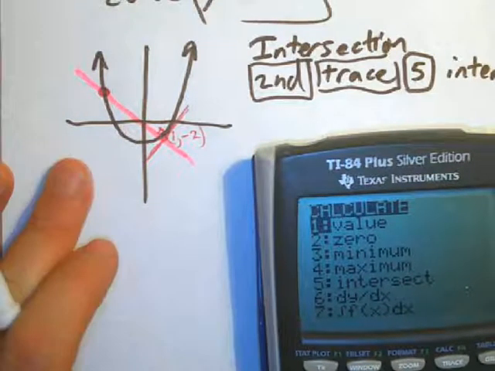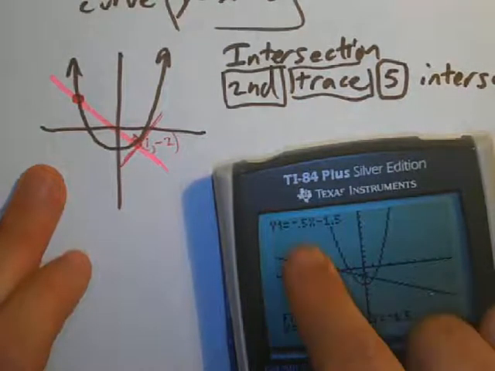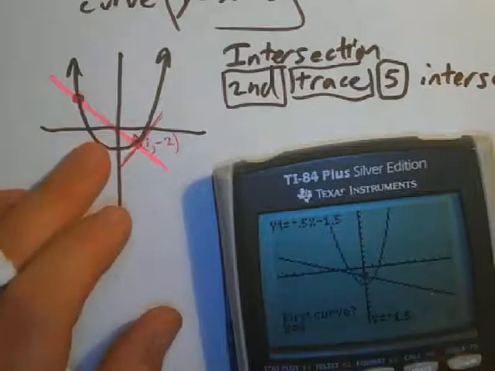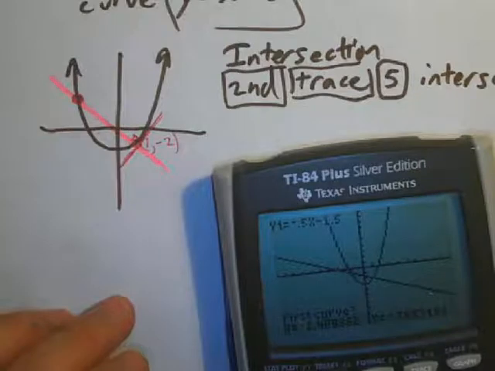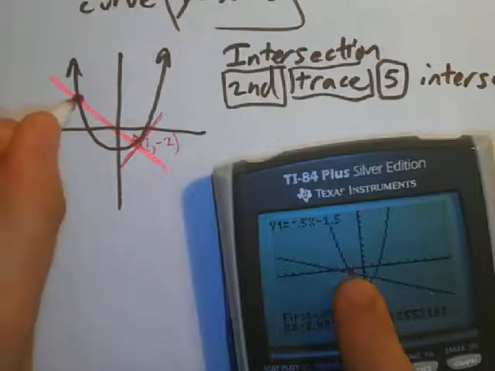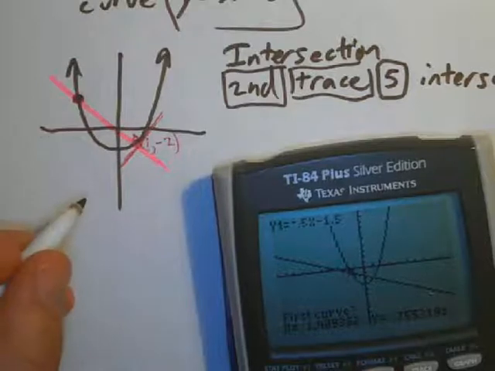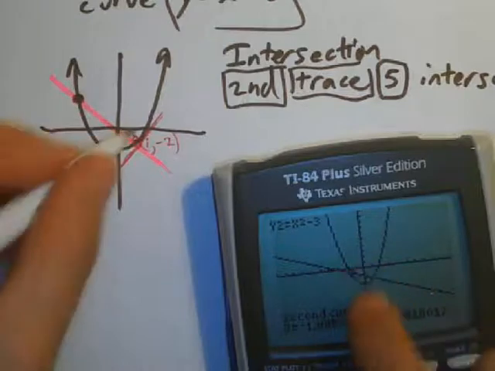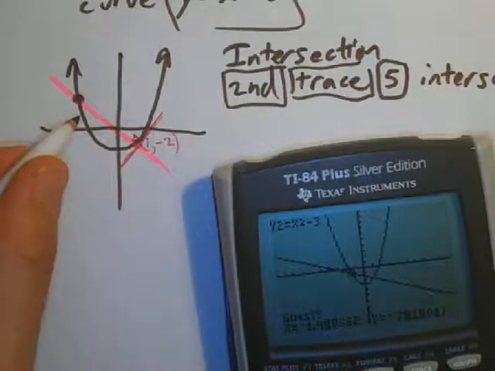And then it says first curve, and it lists one of the equations. So notice how it's blinking over here. I need to arrow to the left to get close to this extra point, right? So it says first curve, I hit enter. I hit second curve, it's got the other function, it's close to this guy here, I hit enter. It says guess, we hit enter again, and here is the coordinate.